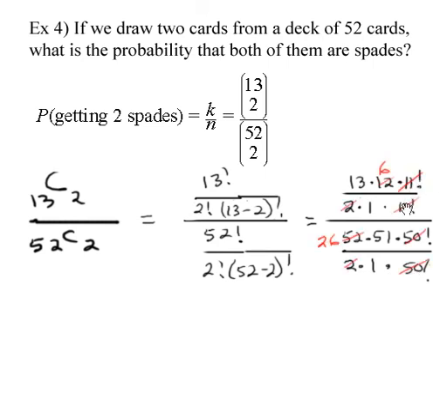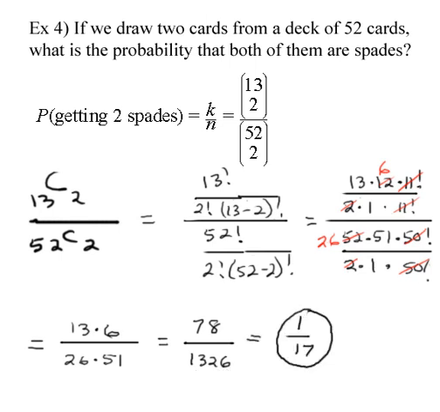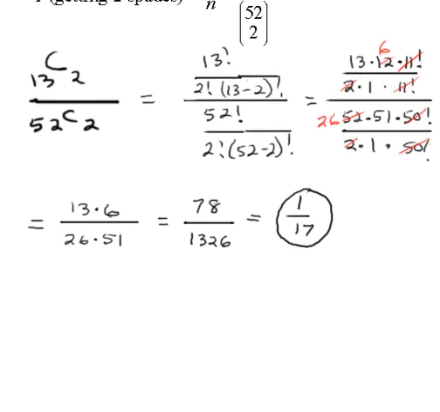And as we said, the 11 factorials will divide out, the 50 factorials will divide out. 12 divided by 2 is 6. 52 divided by 2 is 26. When we continue that, our numerator is 13 times 6 for our favorable outcomes, and then 26 times 51 for the possible outcomes, which gives us 78 over 1,326, and that reduces to a 1 in 17 chance that if we randomly select 2 cards from a deck, both of them are spades.